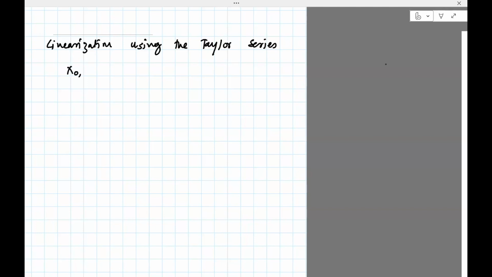Okay, so we'll assume that x0, u0 is the operating point. Usually it's some kind of equilibrium position. For example, for a double pendulum, it could be the vertically upward position. That would be the operating point. Now let's assume that the system dynamics is f of x comma u.